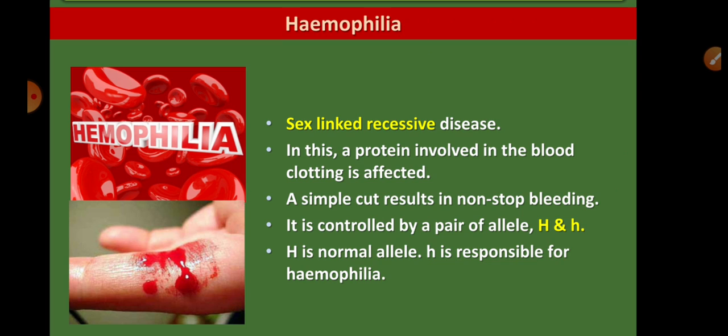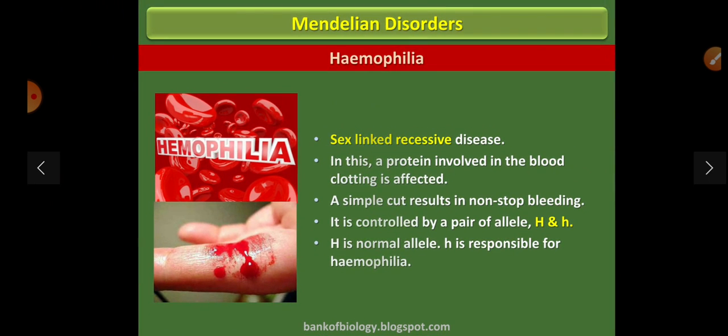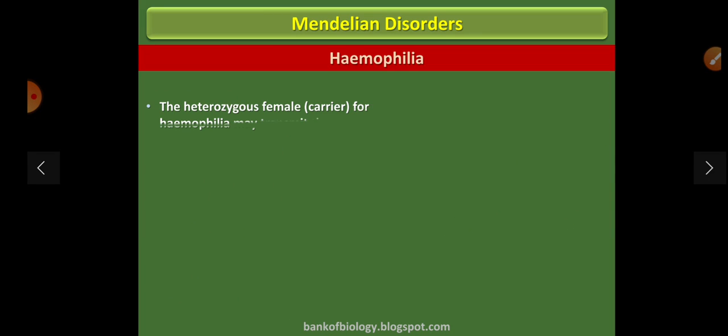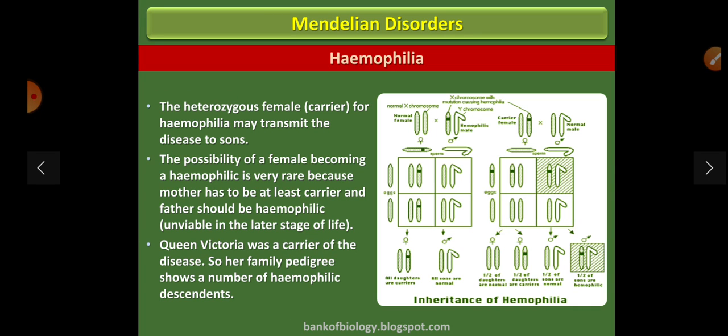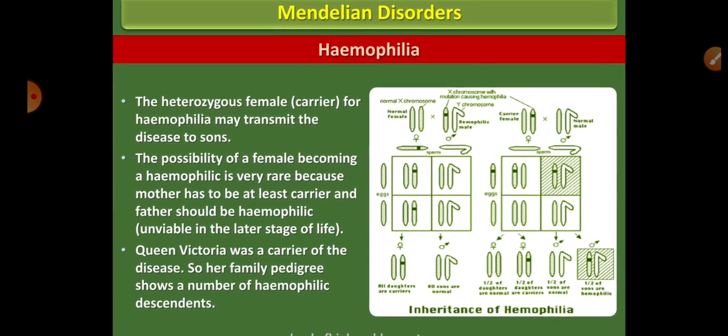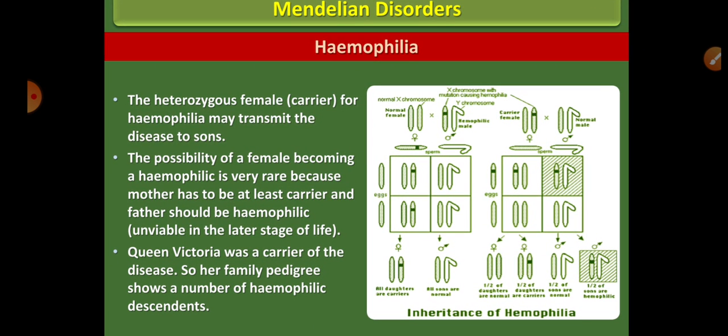It is controlled by a pair of alleles, capital H and small h. Capital H is the normal allele, whereas small h is responsible for hemophilia. A heterozygous female, that is a carrier for hemophilia, may transmit the disease to her son.